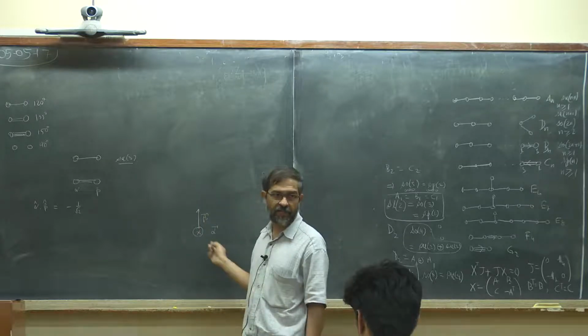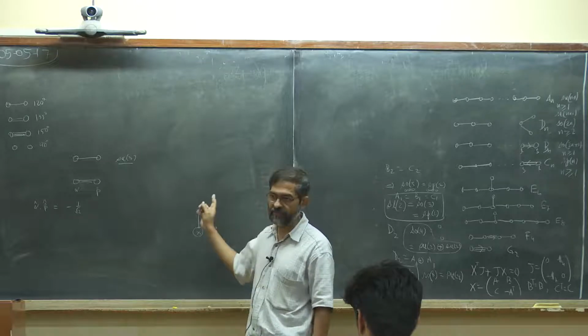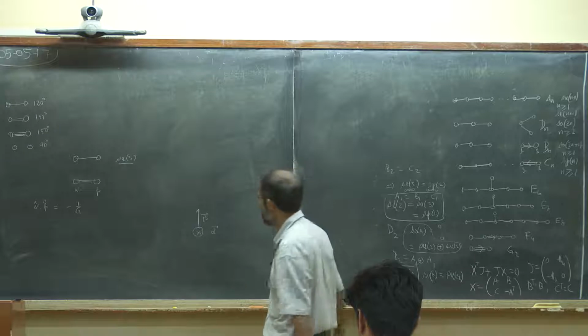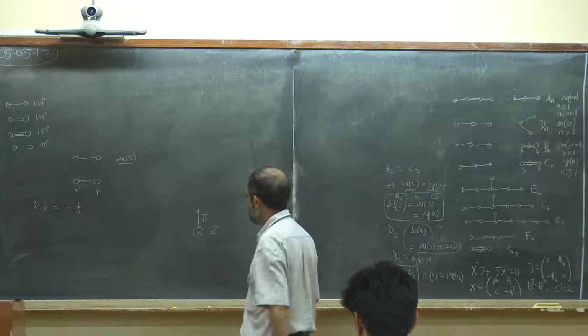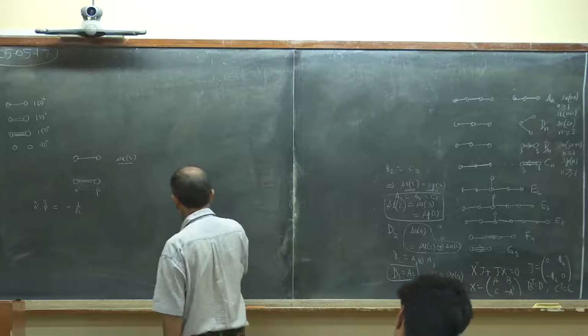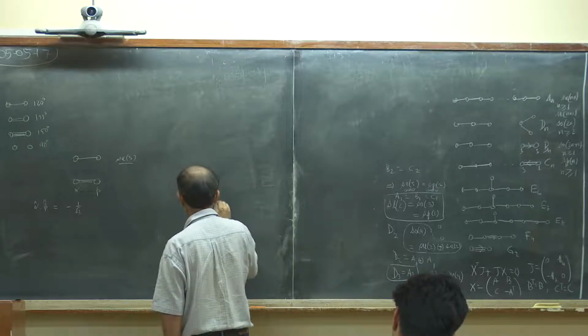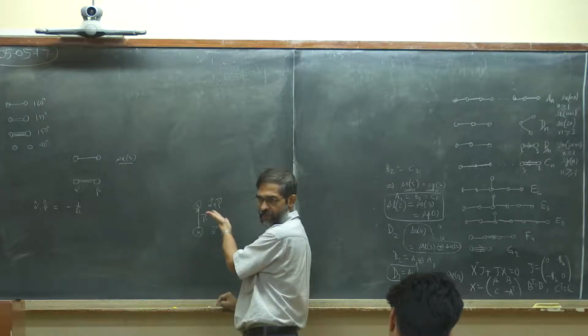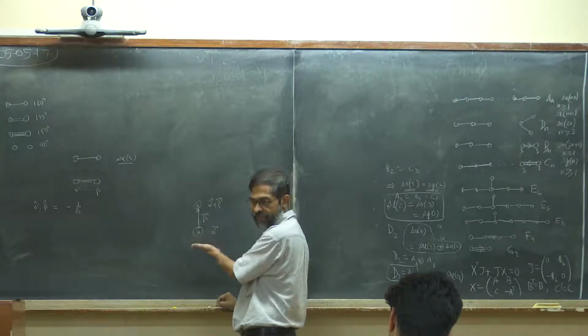You can't apply alpha on alpha, because that will definitely give you 0, because it's a commutator. So you can apply beta to it, and you will reach alpha plus beta. You don't know whether you will get a 0 here or a root here. That we'll find out.